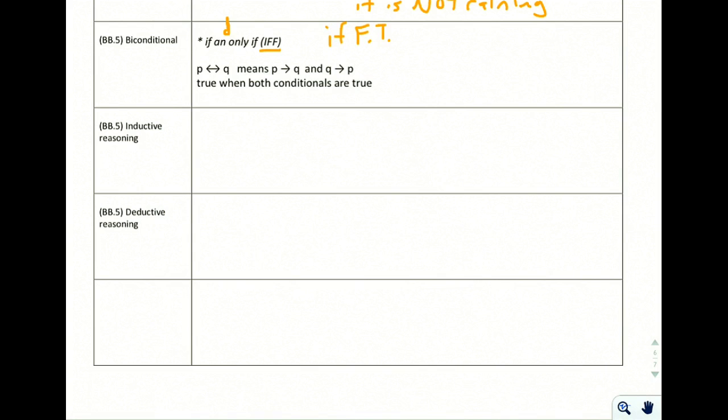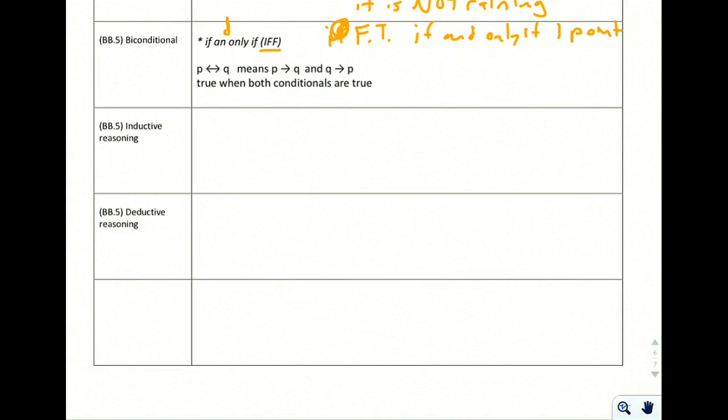Going back to our last example, we could say free throw if and only if 1 point. So there is a free throw scored if and only if 1 point is scored.